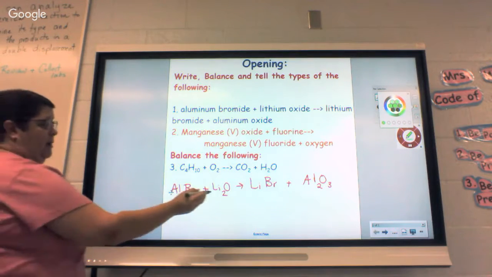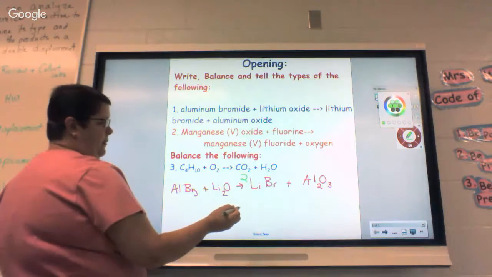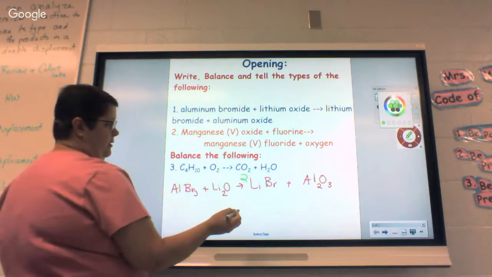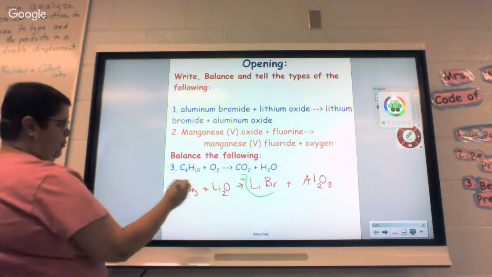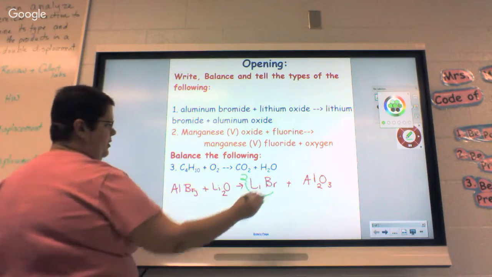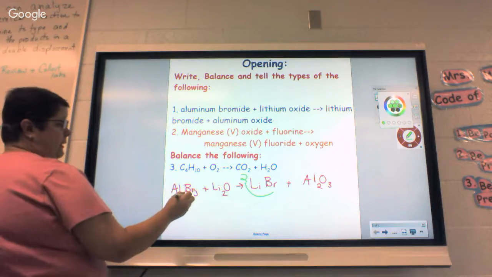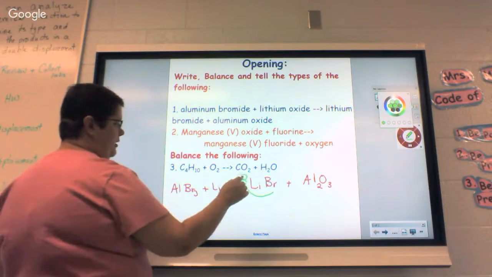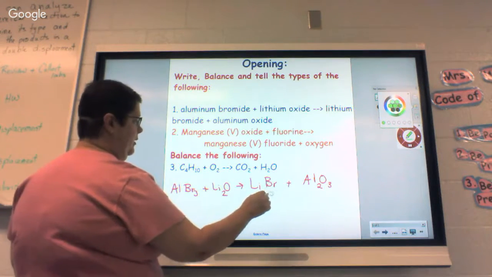All right. How many lithiums are here? What you gonna put here? Okay. So there's 2 lithiums. How many bromines did you make? How many bromines are here? Can I make 2? All right. So that's probably not a good place to start. So if you erase that and pick something different.